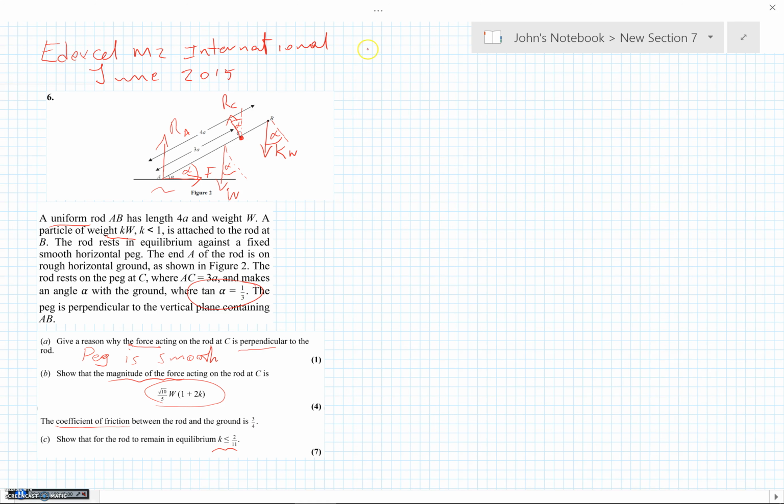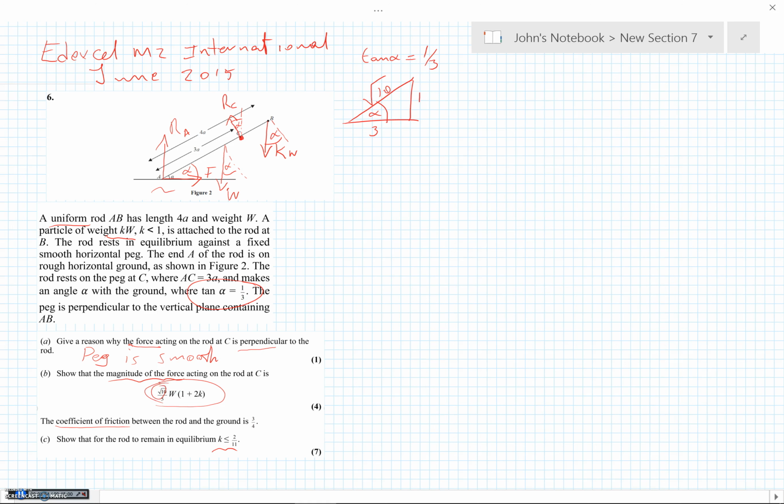We've got tan alpha equals 1/3. I'm not inclined to use a calculator here. This is fairly routine stuff. If we use Pythagoras there, we can see that's the square root of 10. It's encouraging because the square root of 10 comes into our answer.